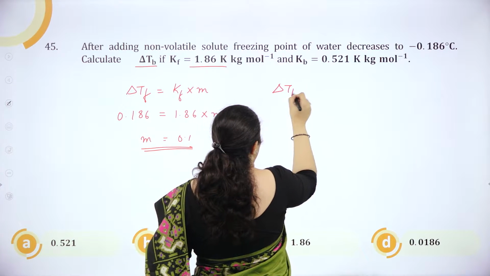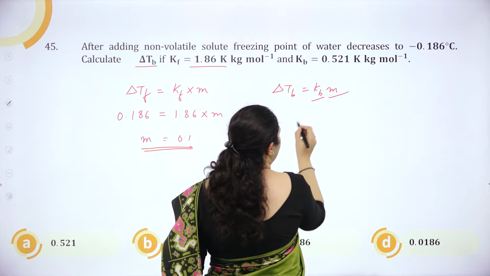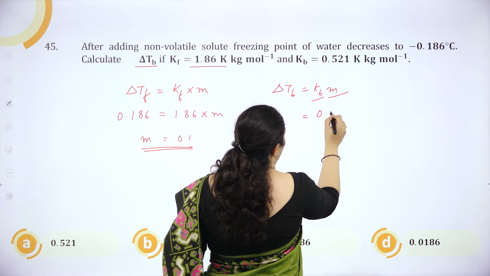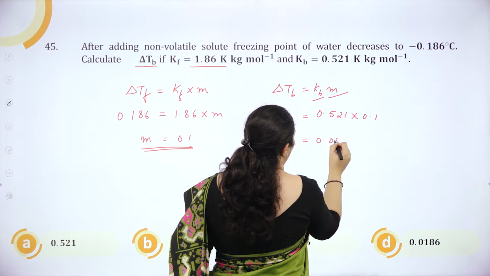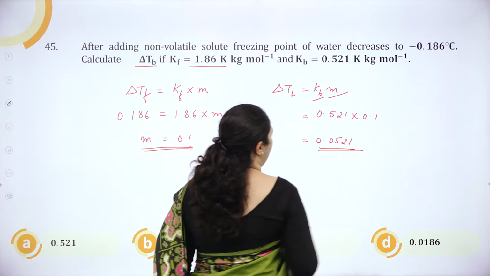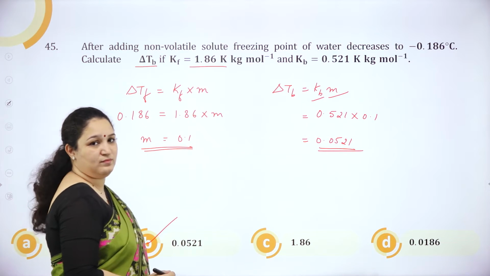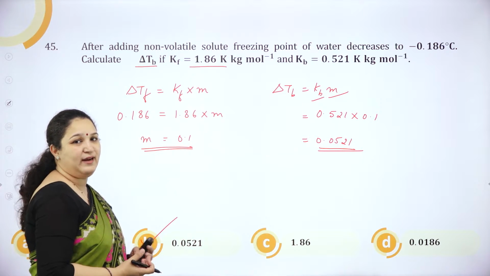Yes, of course. Delta Tb is equal to Kb into molality. Kb value I know, molality I know. I will have to substitute and get the value. 0.521 into 0.1 is 0.0521. So the answer is 0.0521. Actually, you don't have to work out or write at all.